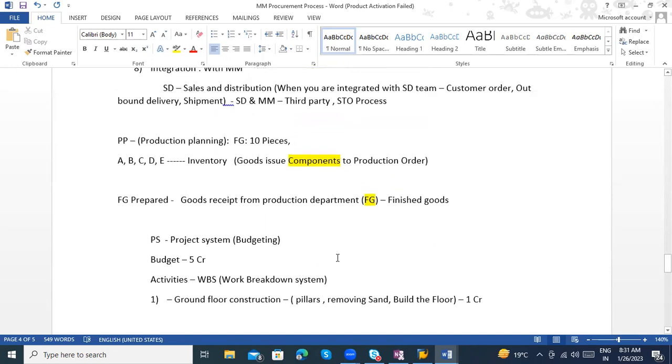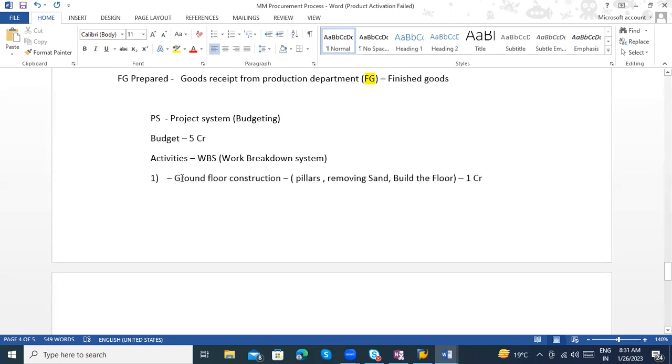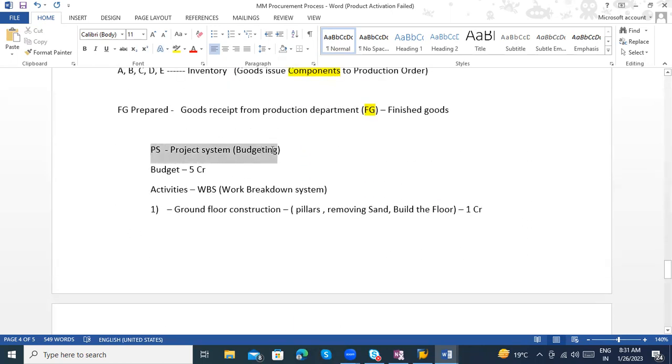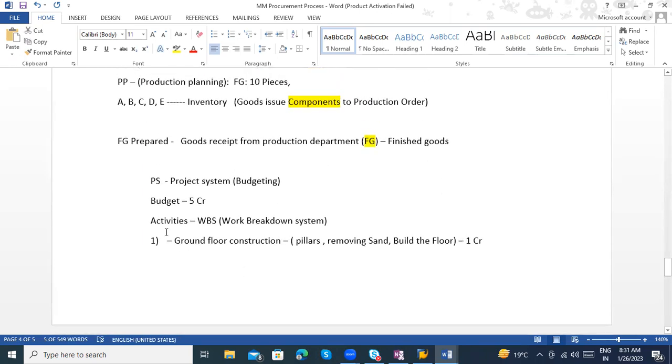Right. So this is the one integration. Where it is integrated, it is project system. When we are buying some services or buying some bricks or something, there it will be like that. So this is one example for the project systems. So this is the MM and PS integration.